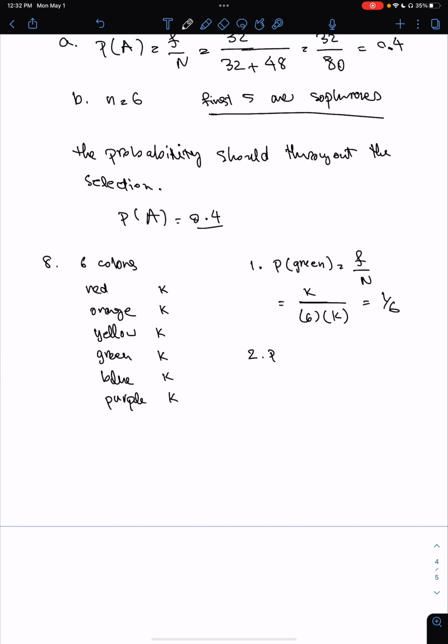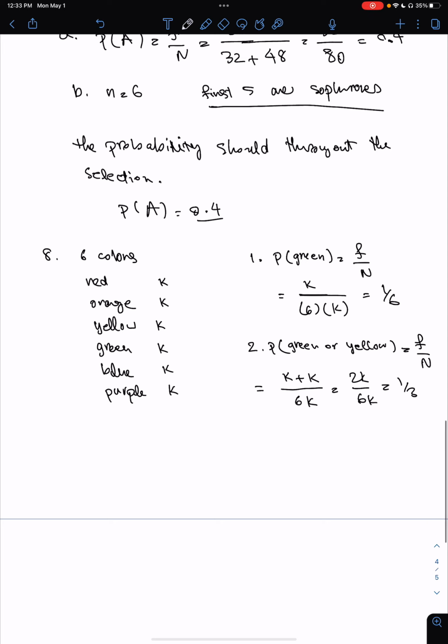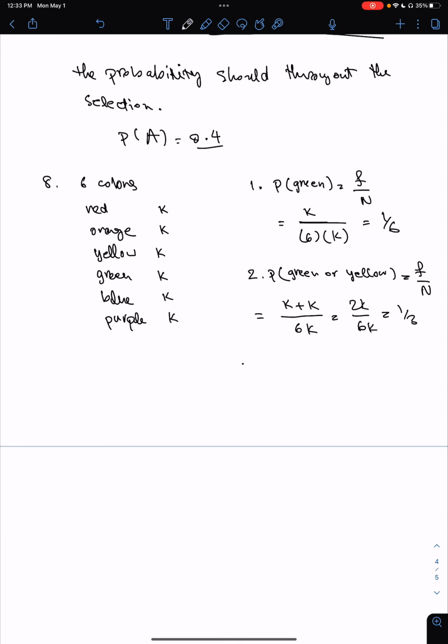P of green or yellow will be, again, F over N. F will be K for green and K for yellow, and N will be, again, 6 times K, so it will be 2K divided by 6K, which is 1 over 3.